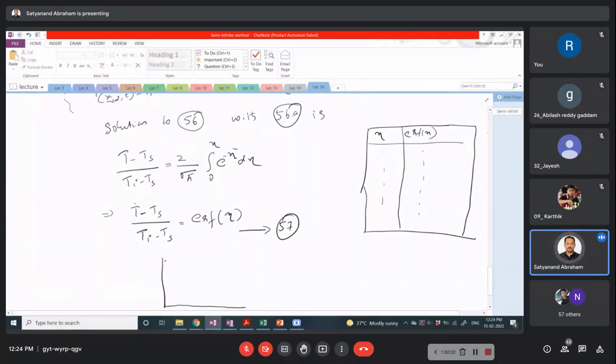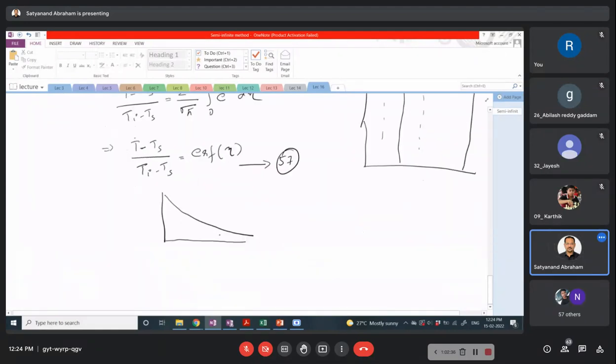It is going to be something like this. Initially it is going to be something like this. So therefore, you can have the particular graph.